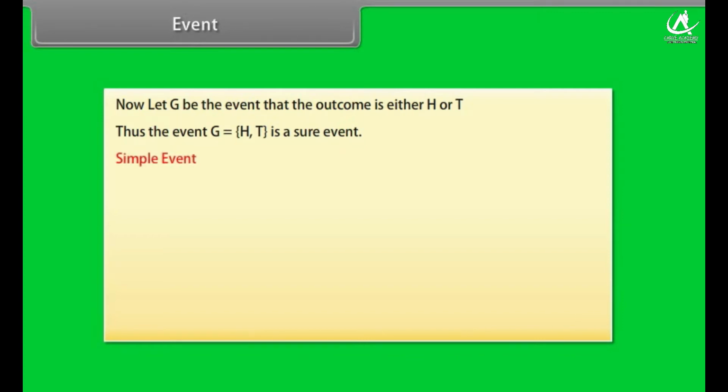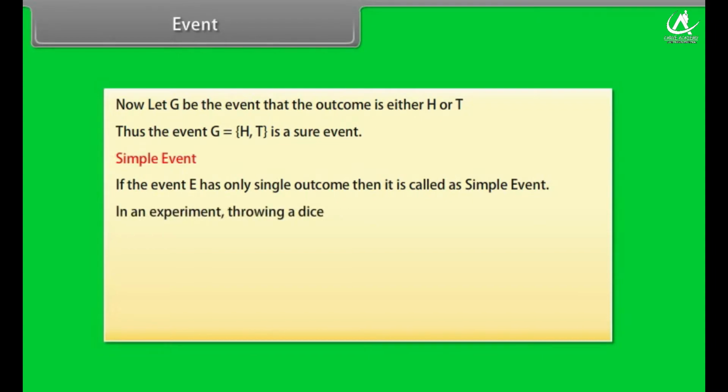Simple event. If the event E has only a single outcome, then it is called a simple event. To understand it, let's take an example. In an experiment, throwing a dice, the sample space is S = {1, 2, 3, 4, 5, 6}.